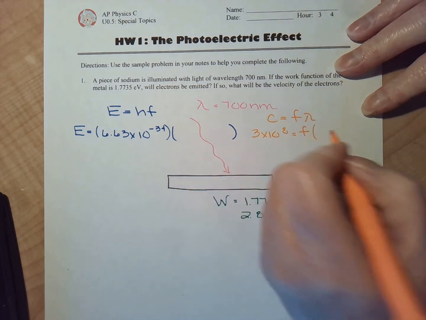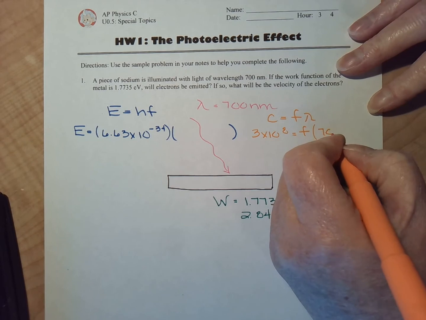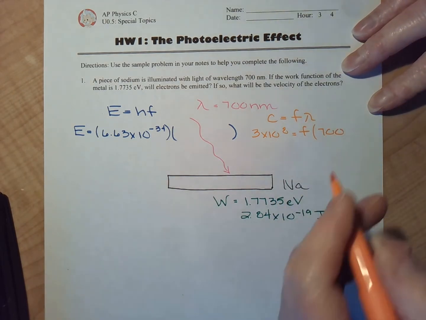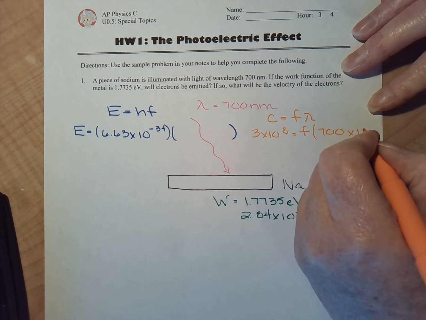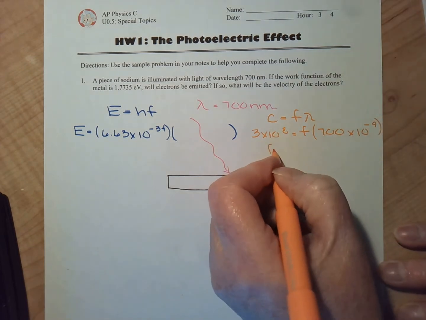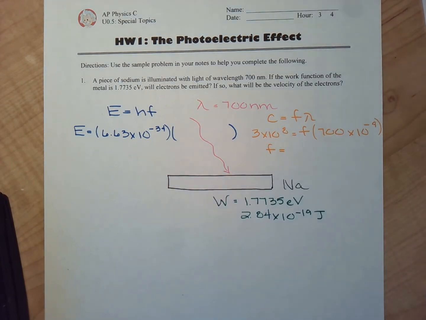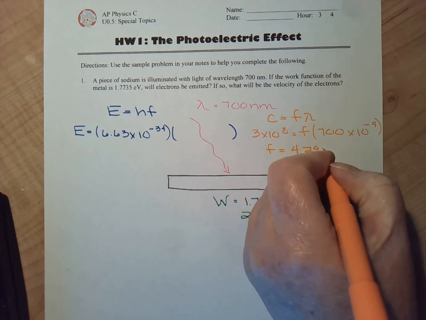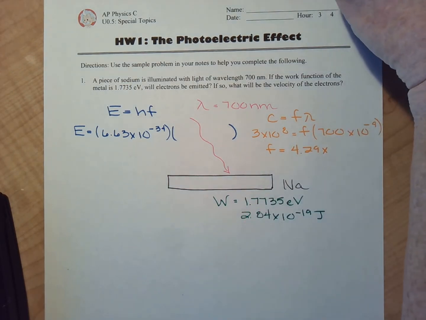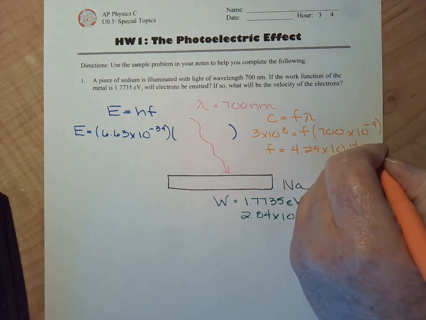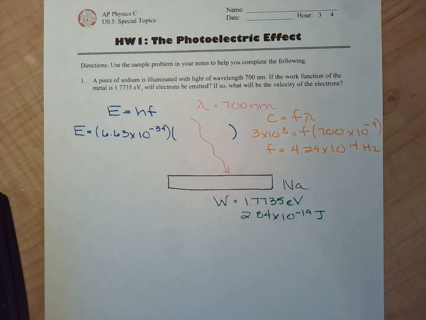I'm looking for the frequency, and I have a wavelength of 700, but that wavelength needs to be in meters, and I have nanometers, so that would be times 10 to the negative 9. So I can solve for the frequency, and I got 4.29 times 10 to the 14th, and that would be hertz.